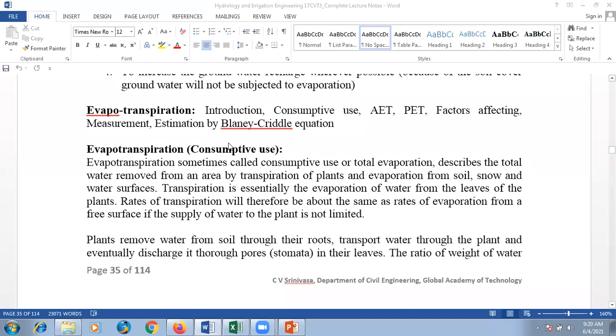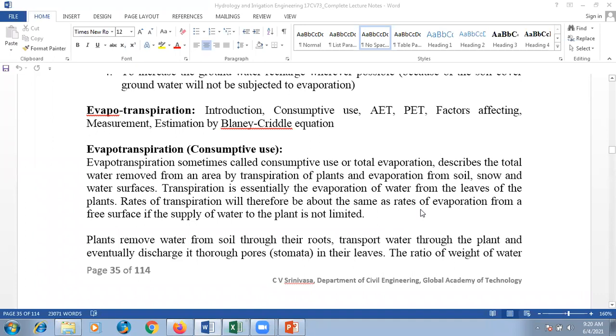Last class, we just started with a quick introduction for evapotranspiration. Just to repeat, this evapotranspiration is a combined term for evaporation which happens from topsoil, as well as the water drawn by plant or crop for its transpiration needs.